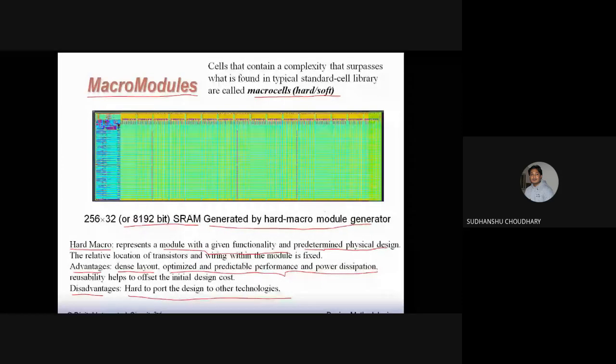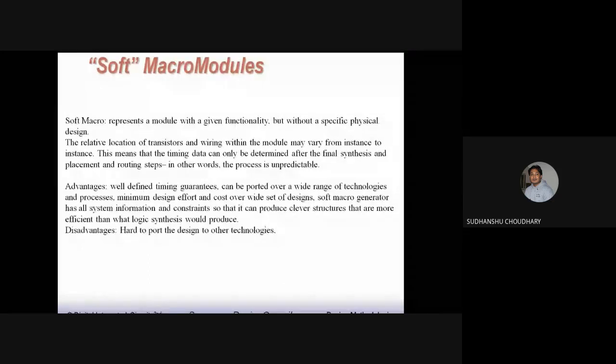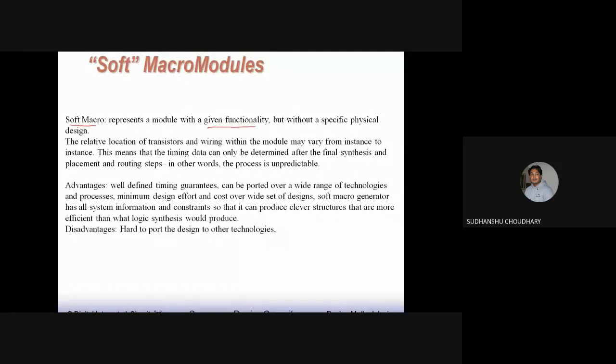Now, apart from the hard macro, the other macro is called the soft macro. Here, in a soft macro, there is a given functionality, but without a specific physical design. That is, functionality cannot be changed, but the physical design can be changed. Depending upon the chip layout or chip area, you can decide the shape of your macro. So any shape is possible.